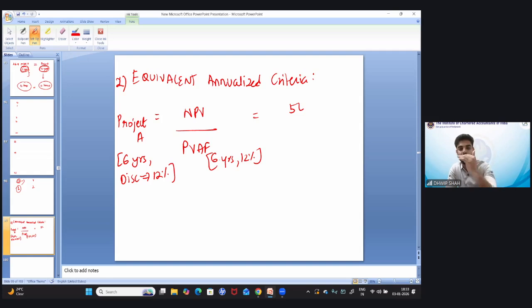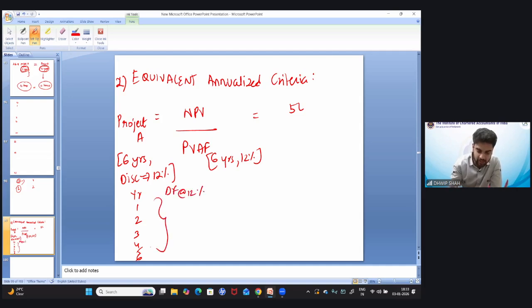It is the summation of all the discounting factors, correct? So this is year 1, 2, 3, 4, 5, 6. Calculate discounting factors at 12% for all the years. Do the summation. Summation, let's say 3.477. This is just a random number for explanation. I don't know what the exact figure will be.